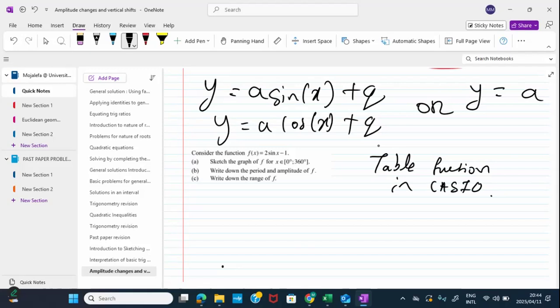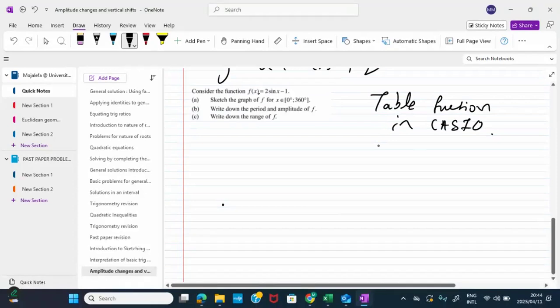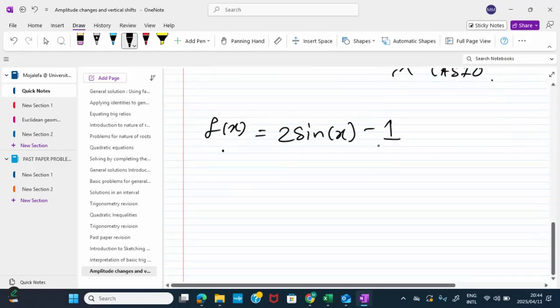For an example, let's try to sketch this function here without the use of a calculator. We're given f of x is equal to 2 sine x minus 1. We must first identify the changes that were done.